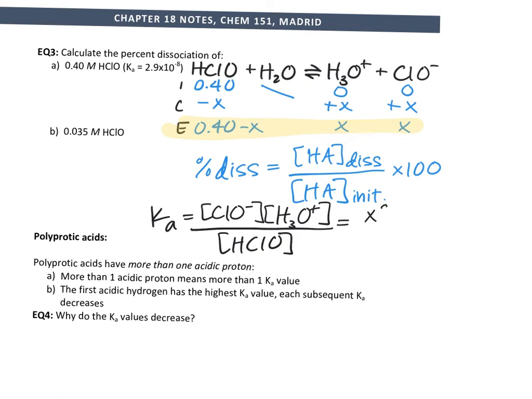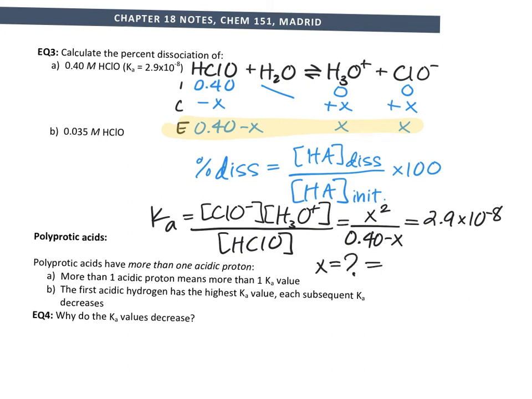So that means it's equal to x squared over 0.40 minus x, and that's equal to 2.9 times 10 to the negative 8. We're basically stuck at this point to solve for x. X is equal to what?